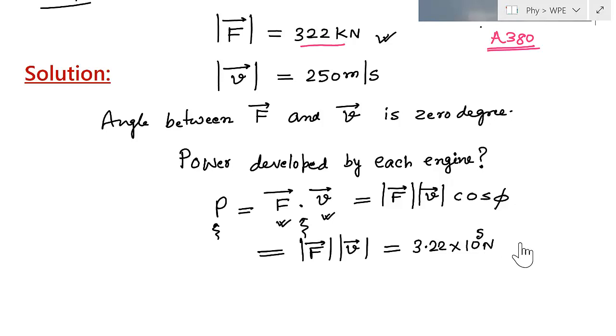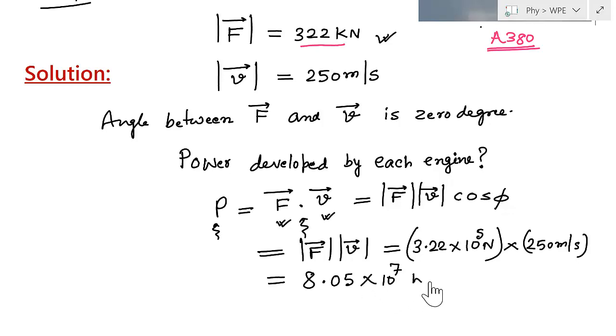And then I have to multiply this with the magnitude of velocity, that is 250 meter per second. If you do all this calculation, you will find this turns out to be 8.05 times 10 to the power 7 watt.